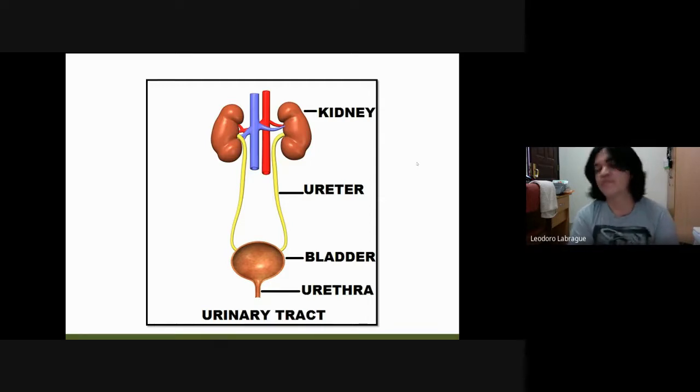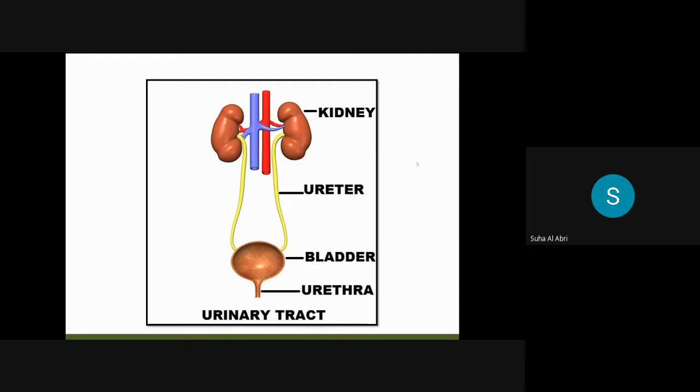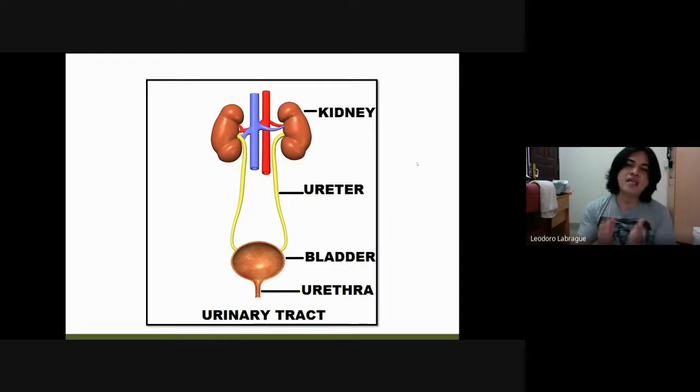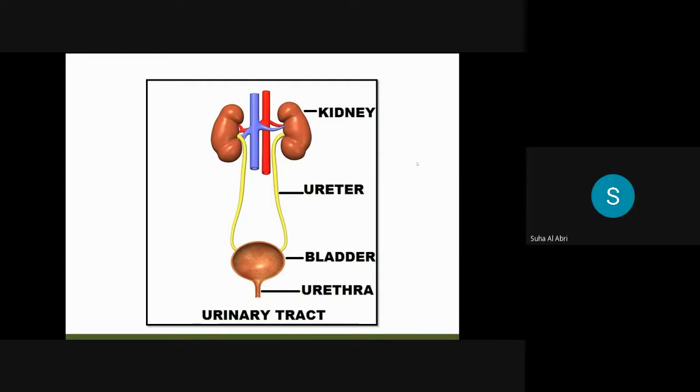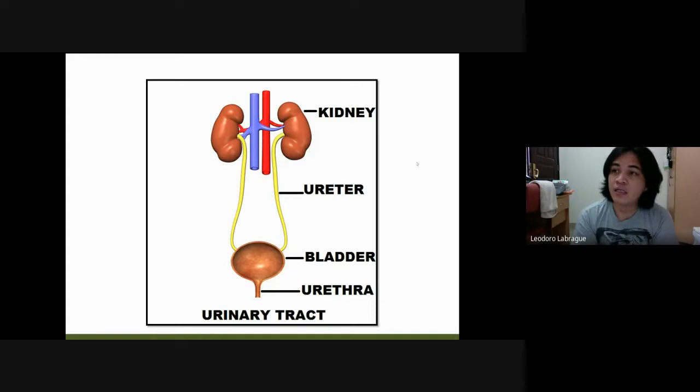Okay, Suha, are you familiar, at least name one part of the urinary system that you're familiar of? The bladder. It's an organ that can be stretched to accommodate a large volume of urine. Okay, very good. The bladder is an important part of the urinary system because it serves as a reservoir. Reservoir means for storage of urine. And it can accommodate as much as 600 ml.